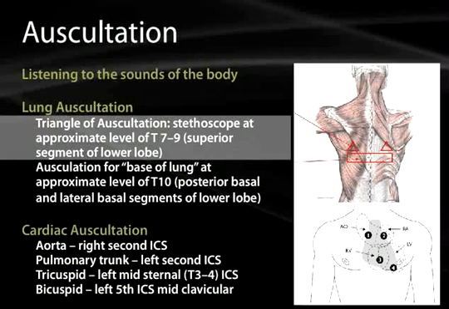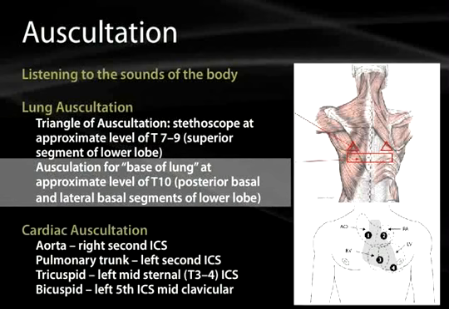The triangle of auscultation, which is at the approximate level of T7 to T9, is the space that has very little muscle mass in the way because it's bordered by the lateral edge of the trapezius. The inferior edge of the latissimus dorsi is going to be there, and the medial border of the scapula. So with very little muscle in the way, you can actually get a very good sound from the superior lobe.